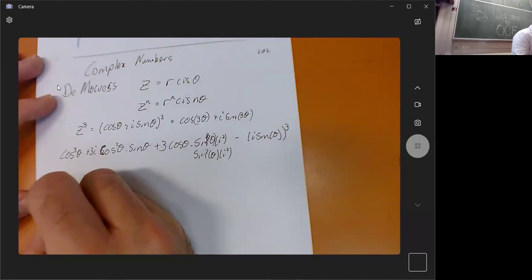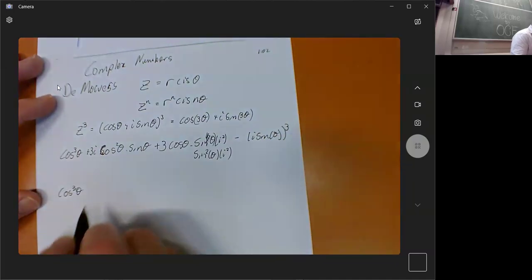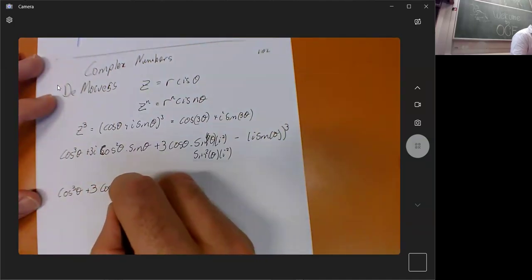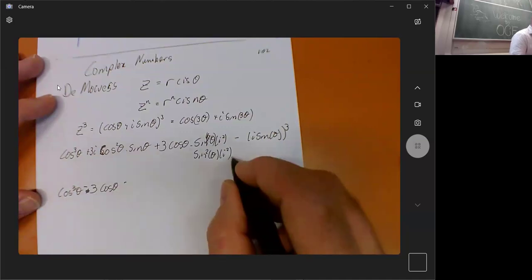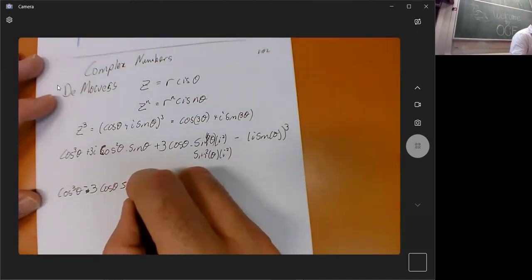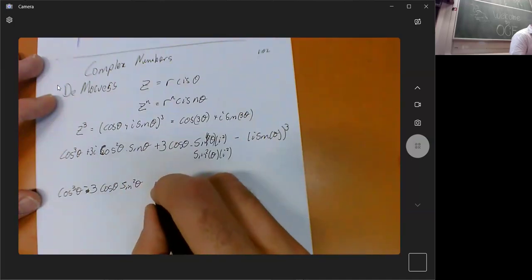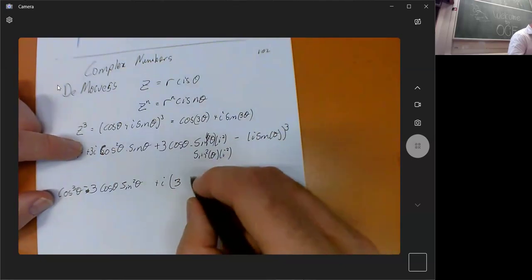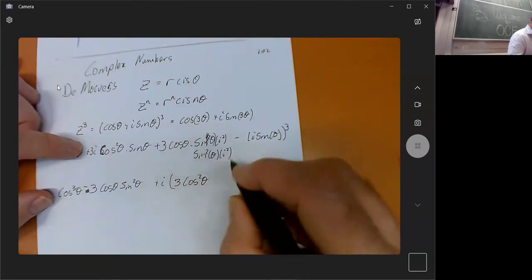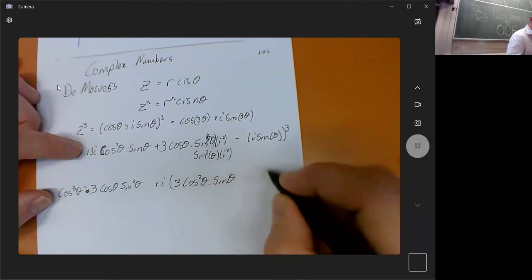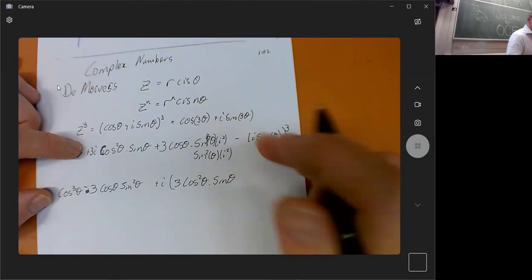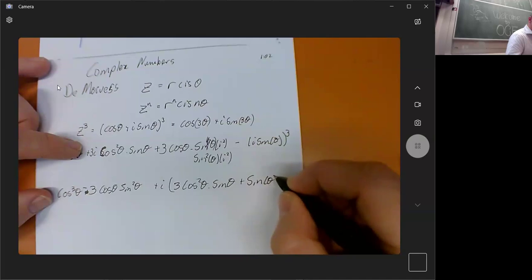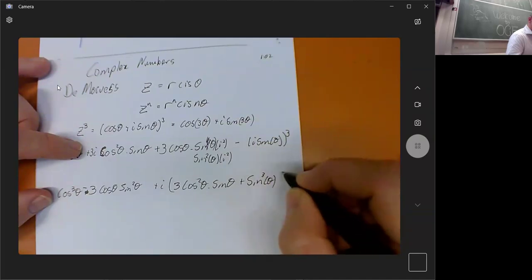So I'm going to have cosine cubed theta plus 3 cosine of theta, minus, I forgot my i squared, sine squared theta, plus i by this term, 3 cosine squared theta sine theta plus sine cubed theta.